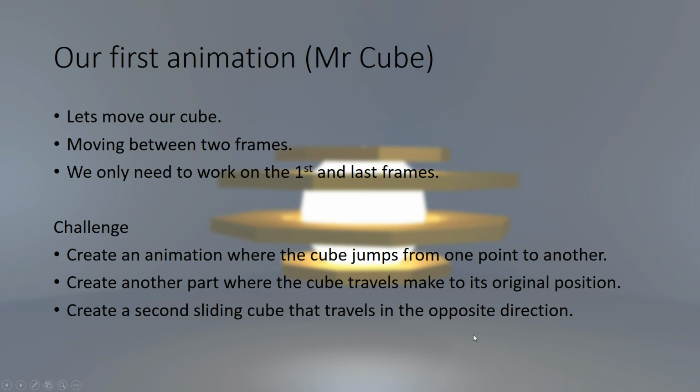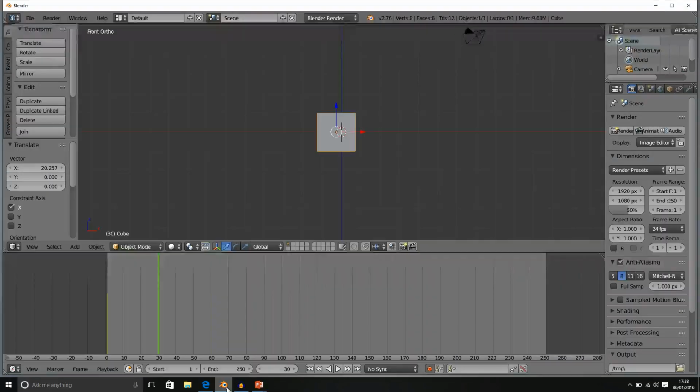So actually with this one I'm just going to show you very quickly what I mean by that. So in Blender, basically you'll create your animation from 0 to 60, we'll do it 0 to 60 for now, where your cube will jump from one space and jump to the next space by frame 60.